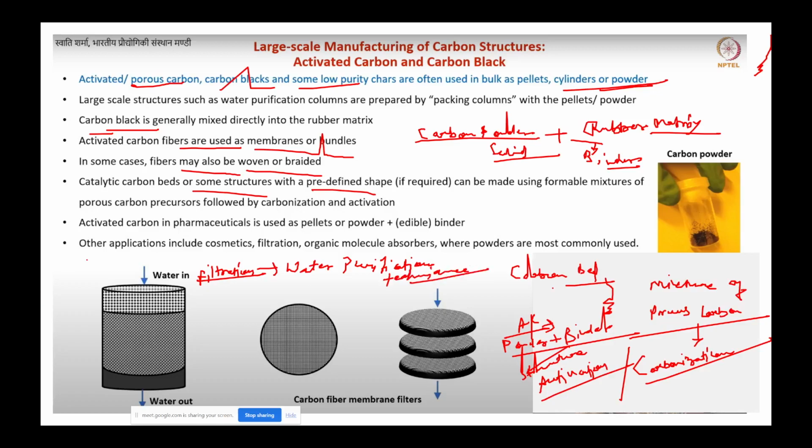Okay, so what will happen? Here this is like a membrane shape from where your water will go, and whatever heavy ions or arsenic materials you don't want will be filtered out and you will get pure water here.